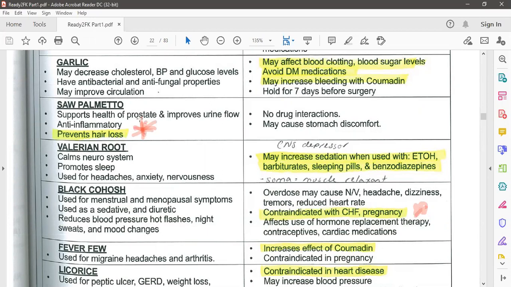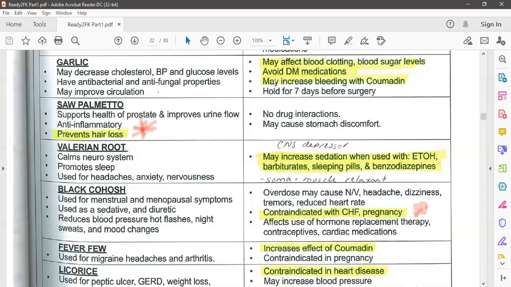They lower the blood pressure, the cholesterol level, the blood glucose level. They have an antibacterial effect, antifungal effect. But keep in mind, if your patient is already diabetic, if your patient already takes anti-diabetic medication, garlic is contraindicated because garlic can interact with anti-diabetic medication. They can interact with blood thinner, right?